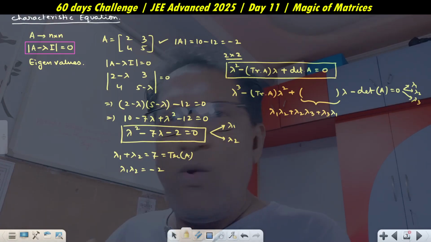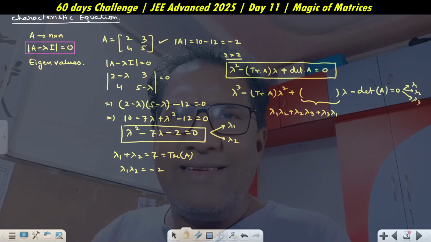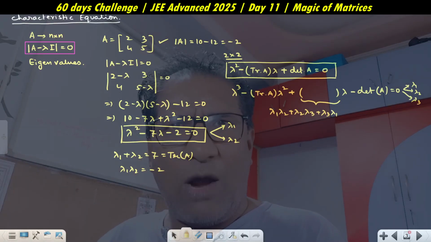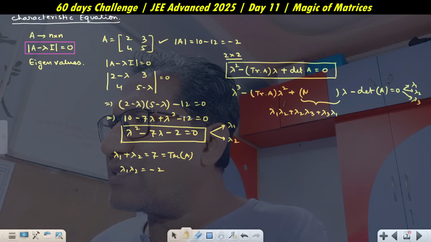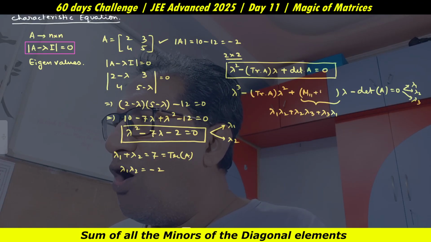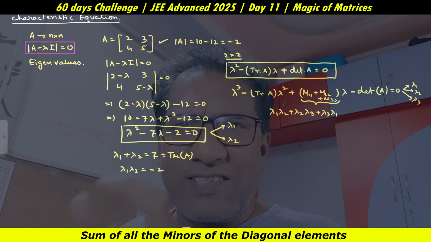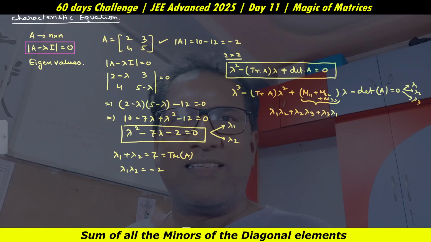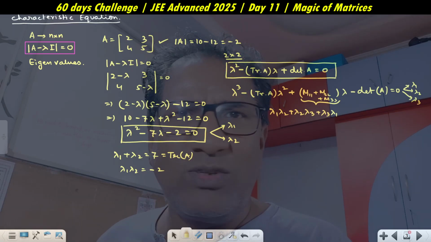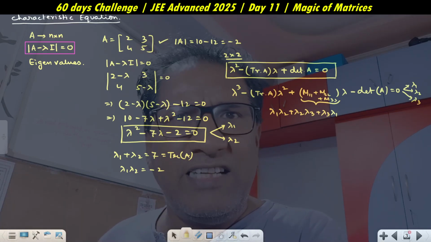You people can do it simply by writing the characteristic equation. But the shortcut way is, it is nothing but the sum of the minors of the diagonal elements. You know how to find out the minor of any element of a determinant?